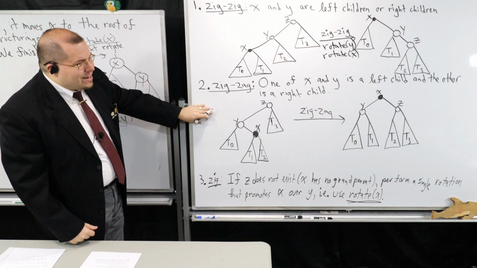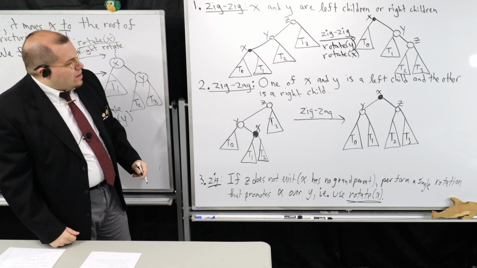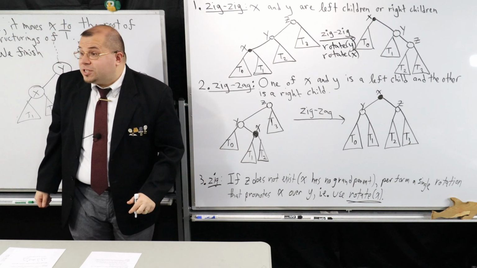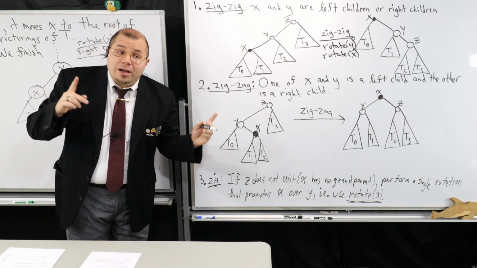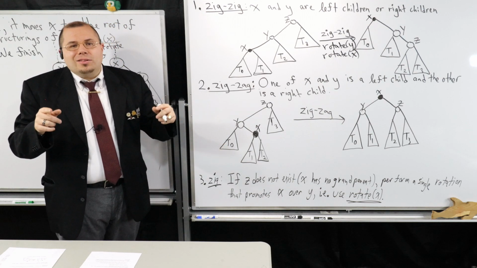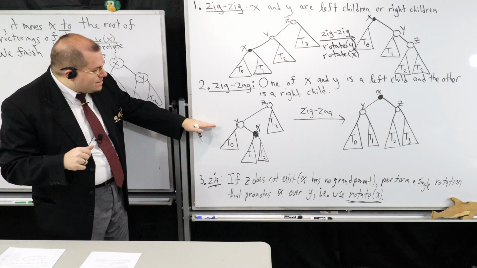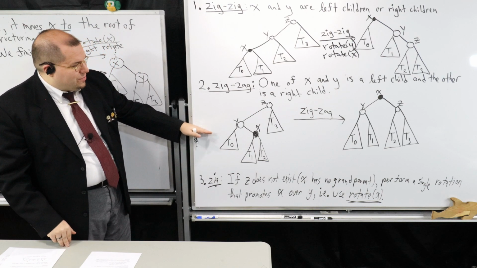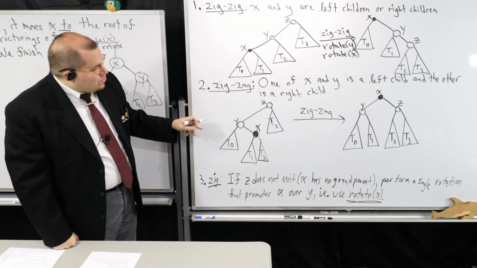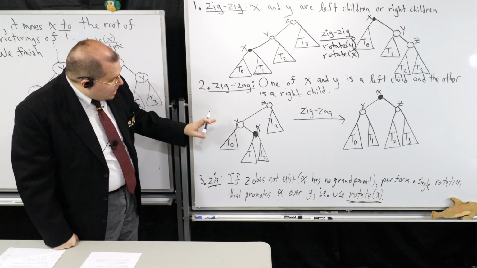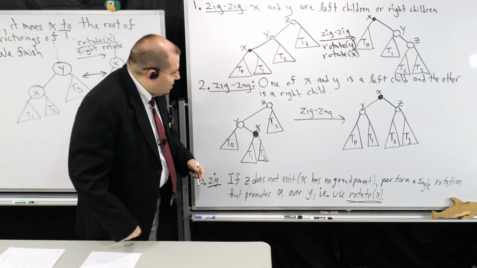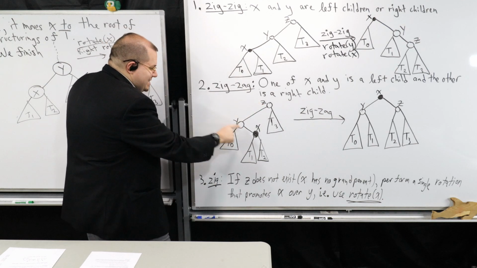Now there's this second operation called the zigzag. In terms of an AVL tree, you would refer to this as an LR rotation or an RL rotation, so this is exactly the same as in the AVL tree. If Y is a left child, then X is the right child. We call it a zigzag because it goes zigzag.